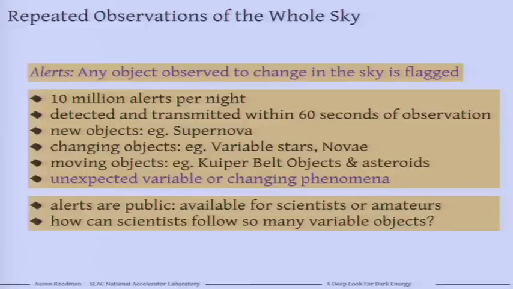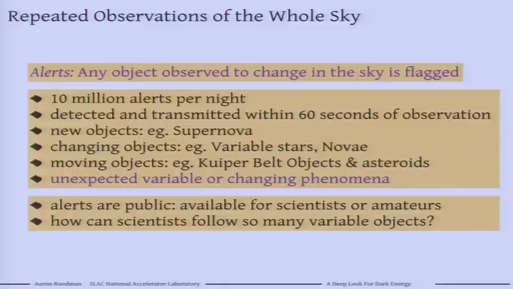So with the remaining time, actually, I want to come to my third topic. So we talked about dark energy. We talked about how to make measurements of dark energy. We talked about the capabilities of the instrument and how those are matched to studying dark energy because we're so deep, because we're able to see objects, galaxies so far away.